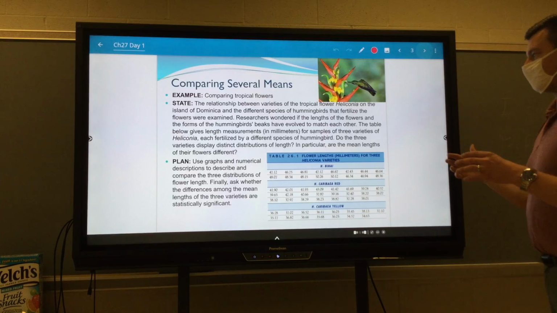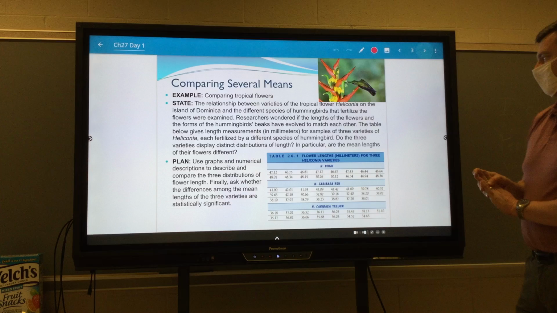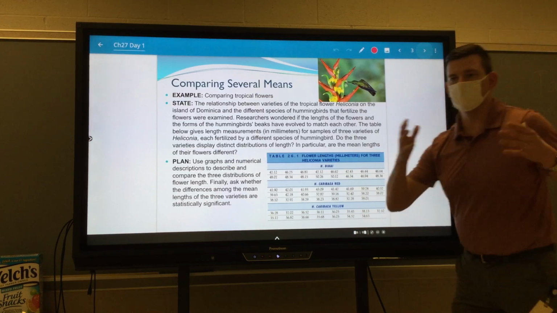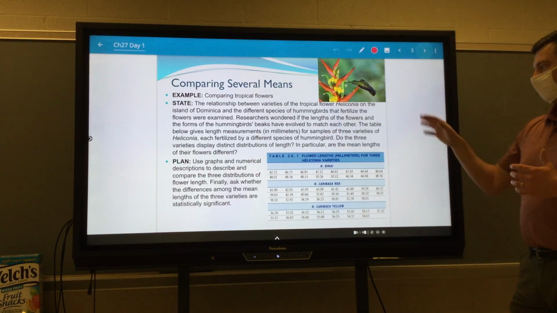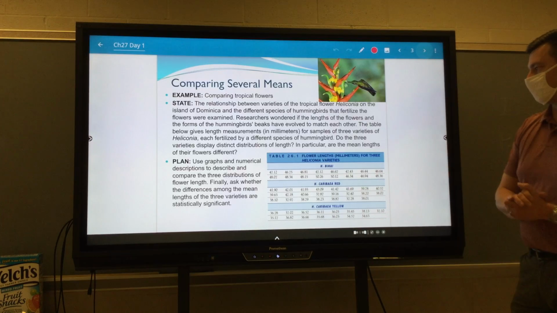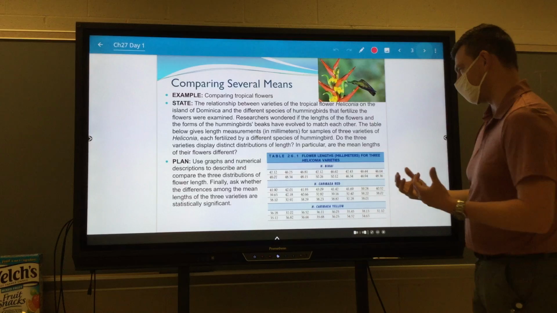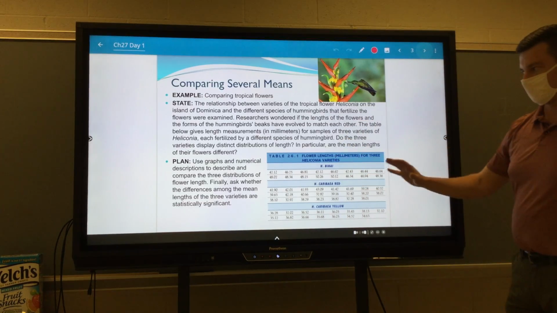So essentially, researchers wondered if the lengths of the flowers and the forms of the hummingbirds' beaks have evolved over time to match each other. Now, what we have is a table of data that gives the length measurements in millimeters for samples of 3 varieties of heliconia.